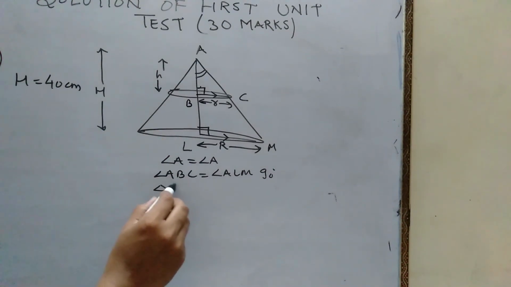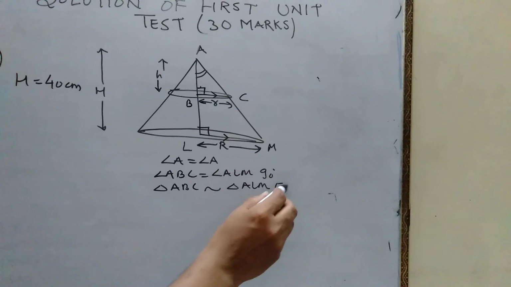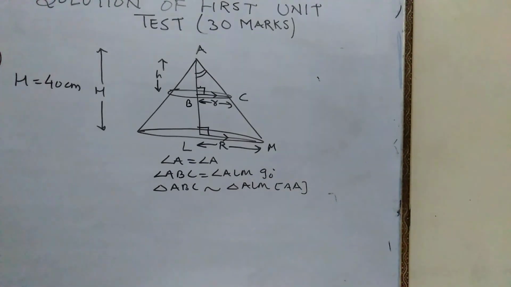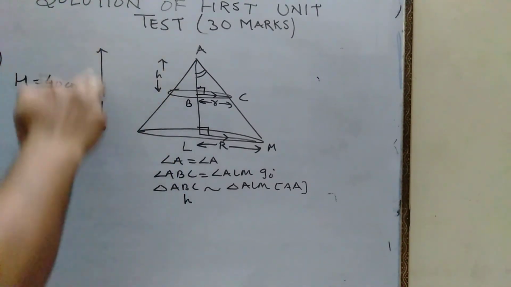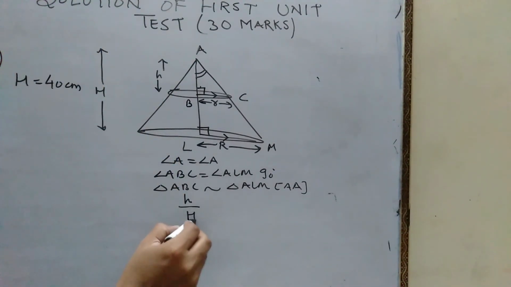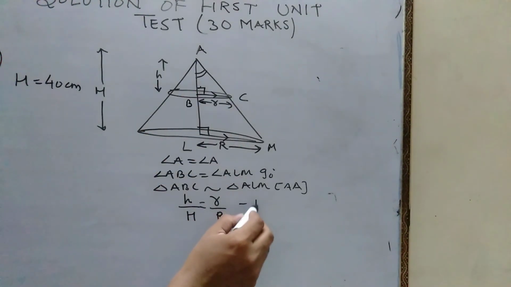So triangle ABC is similar to triangle ALM by angle. When two triangles are similar, their sides are proportional: small l is proportional to capital H, and small r is proportional to capital R. We get the first condition.